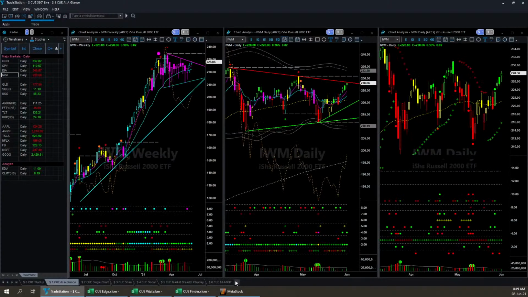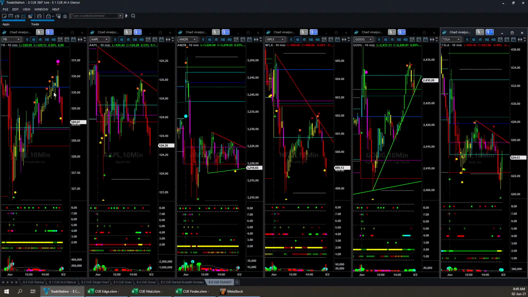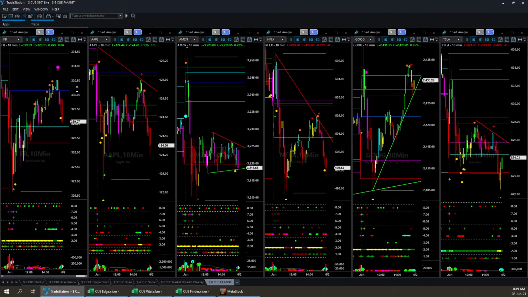And if we look at the FANG stocks, extended FANG stocks, Facebook remained inside the early range. Apple closed below the early range, also below previous day's low. Facebook actually closed above previous day's close. So Facebook was up for the day, Apple was down for the day, and it closed below previous day's low.